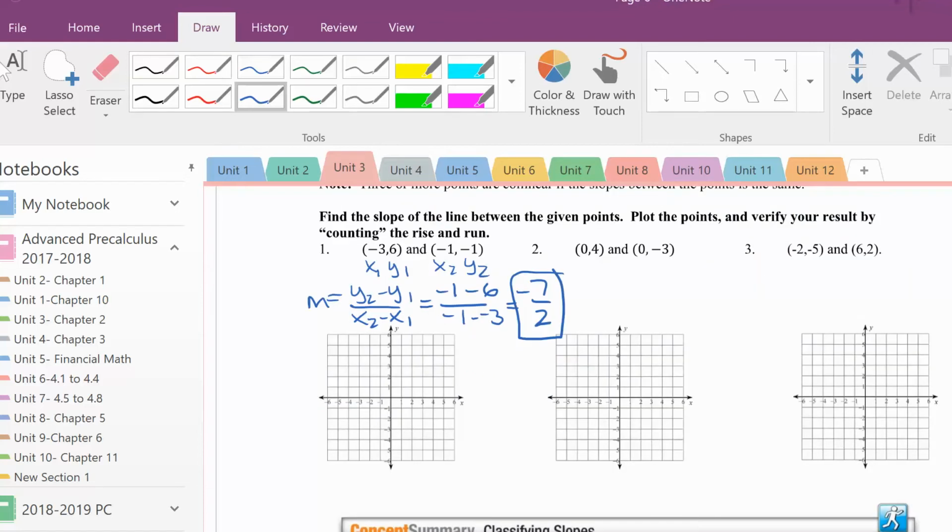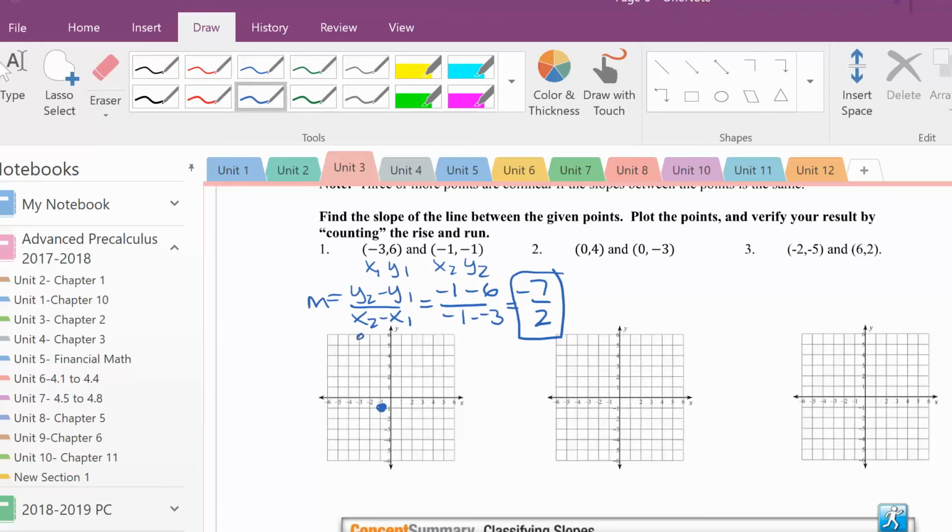So if you plot the points, negative 3, negative 6 is down here, and negative 1 is right here. Sorry, negative 3, 6 is actually up here.